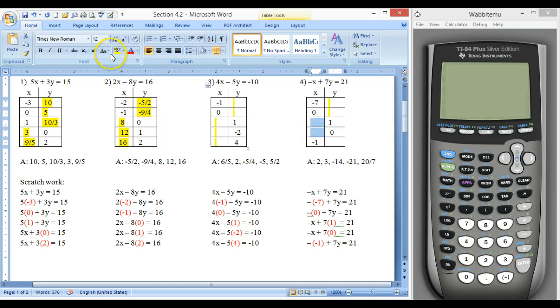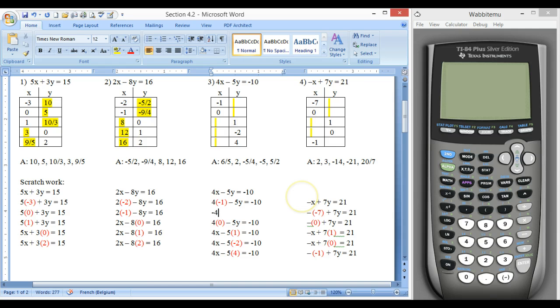All right, on 3, I'm just going to set up my highlights really quick. I just want to highlight here. Okay, so we'll substitute -1 in for x, again with the parentheses. -1 times 4 makes -4, minus 5y equals -10.